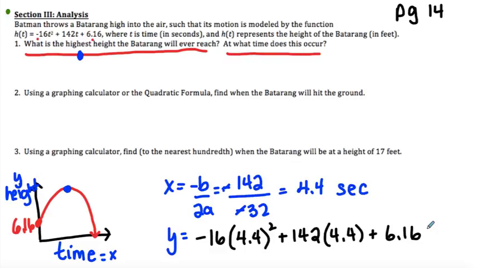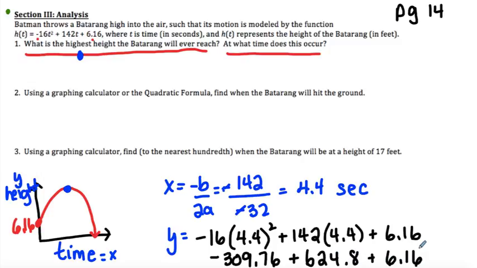Okay, so we need to do, let me get my calculator. So we need to do 4.4 squared times negative 16, which gives me negative 309.76 plus. Then I'm going to do 142 times 4.4, which gives me 624.8 plus 6.16.